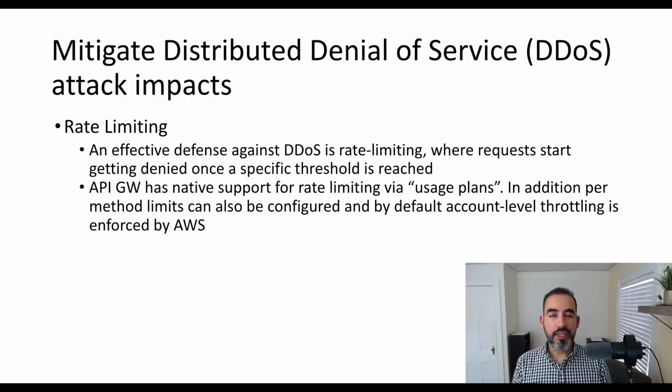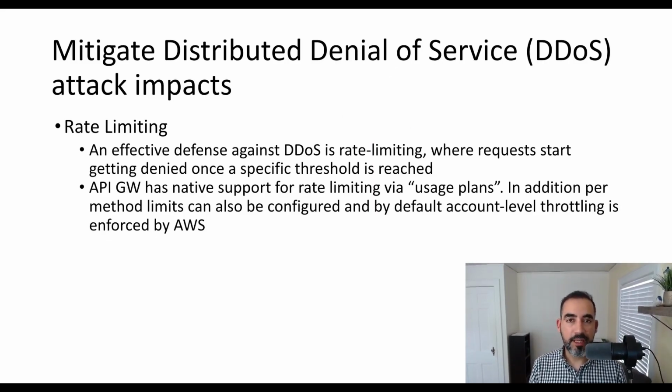Let's talk about the very important topic of mitigating DDoS attacks. We have multiple options here, and usually you would use a combination of these options. So the first available option is to use rate limiting, which is supported out of the box by the API gateway.